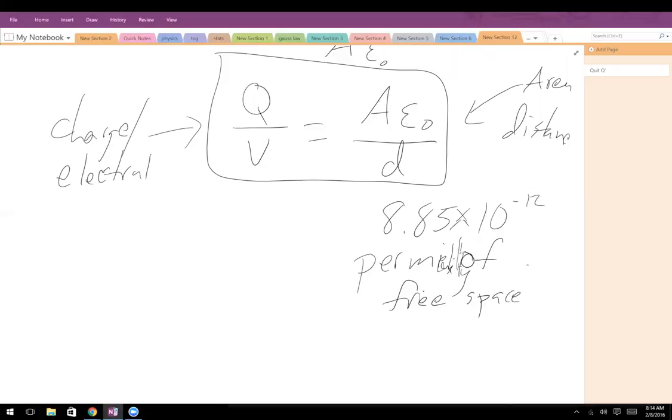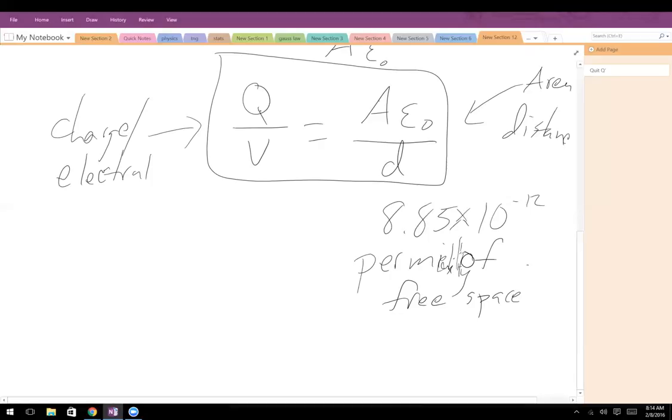Permeability is if you've got a substance, it doesn't really want to form an electric field inside of it. So there's a certain amount of energy that it takes to form an electric field inside of anything. So that's kind of how much just a vacuum resists having an electric field put in it.